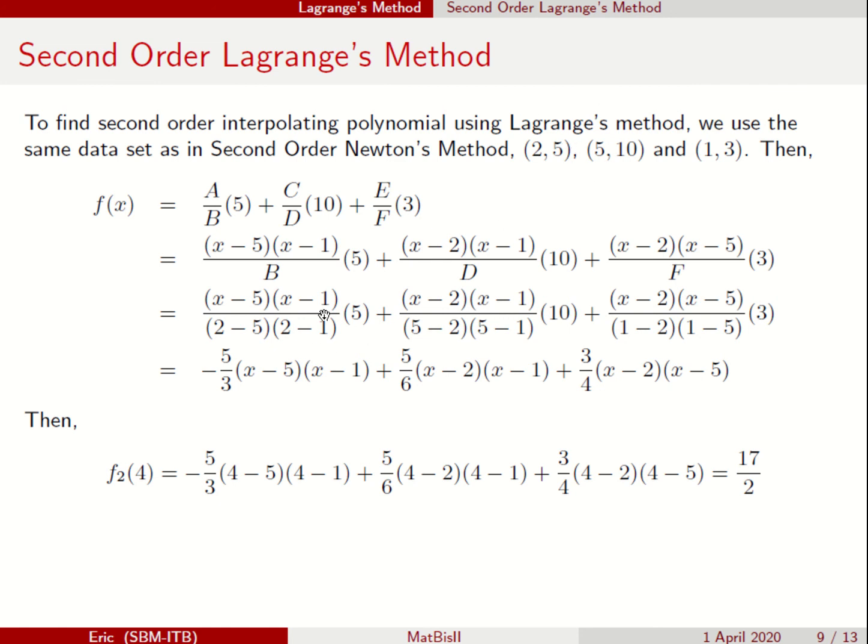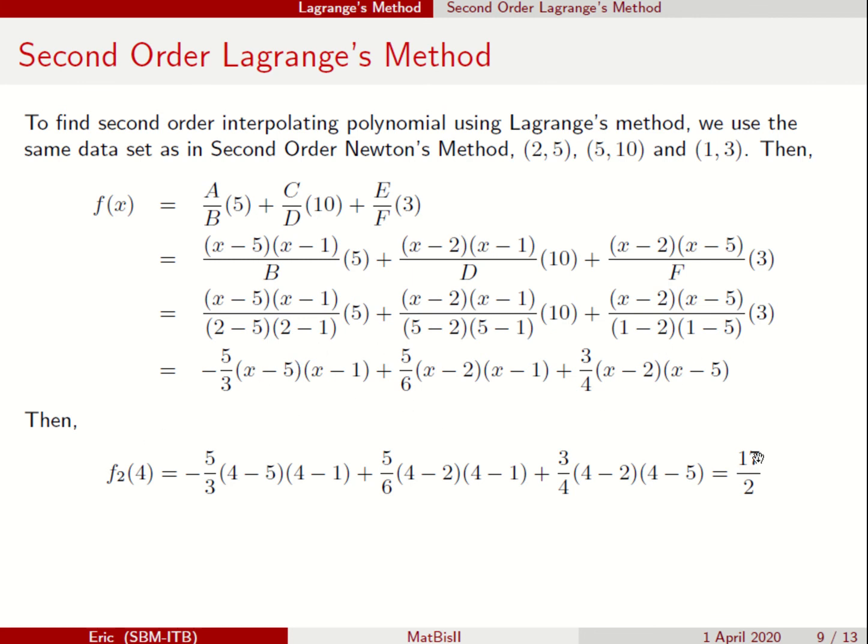Okay. But if I put 2 here, I have 2 minus 5 times 2 minus 1. So to cancel it out, I have to divide it by 2 minus 5 times 2 minus 1. The same applies here and the same applies here. So I have this as our second order Lagrange interpolating polynomial.